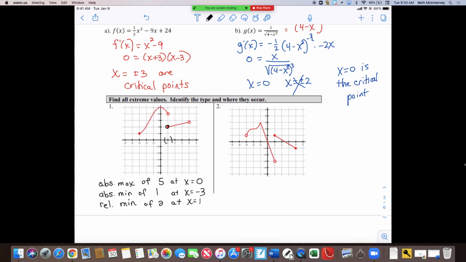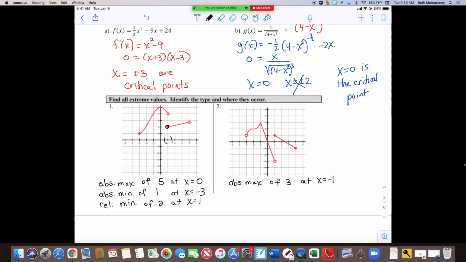So then let's look at number 2. Is there an absolute minimum? Is there a point lower than all the other points on the graph? No. Is there an absolute maximum? Yes. There's an absolute maximum of 3, and it occurs at x equals -1. All right.